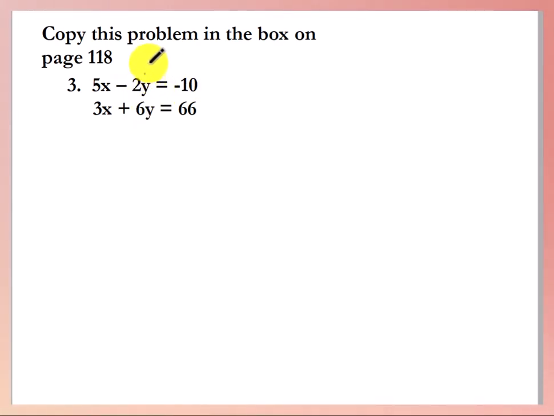I can do that easily by multiplying by 3, but you have to remember to multiply every term by 3. 5 times 3 is 15x. Negative 2 times positive 3 is negative 6y, equal negative 10 times positive 3 is negative 30.